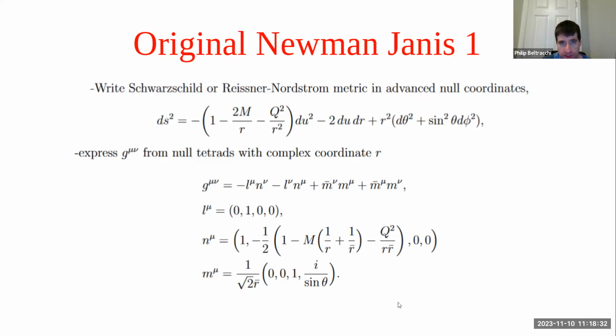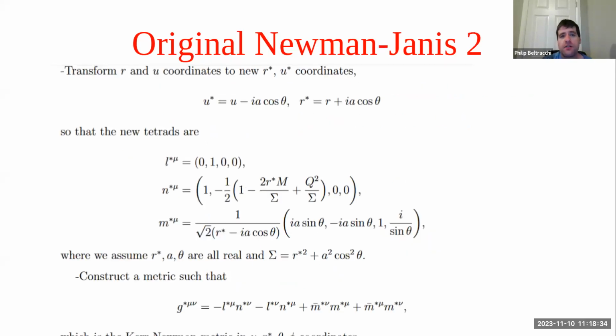The next step of the algorithm is to do a complex coordinate transformation, which basically amounts to some complex rotation with a parameter a, and we get our new set of vectors as shown here, where we introduce a shorthand that we'll be using a lot during this talk.